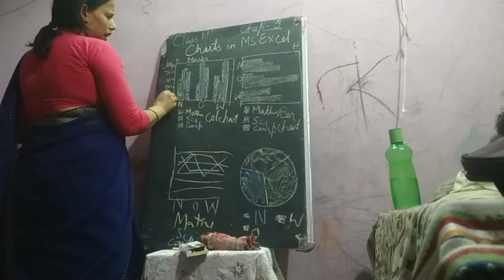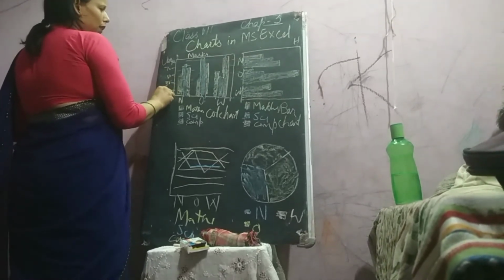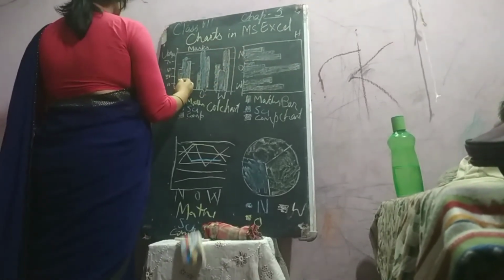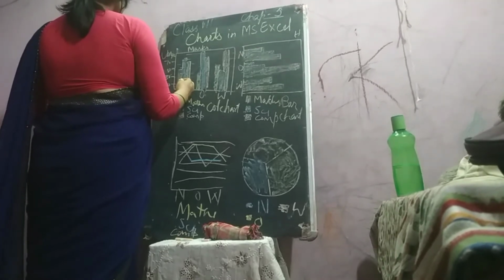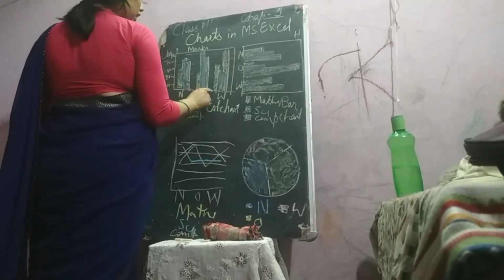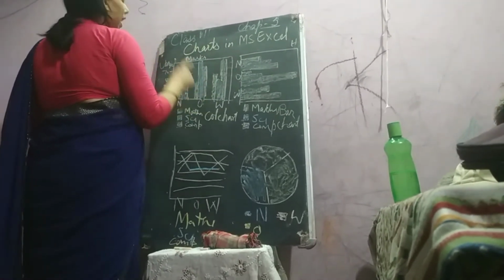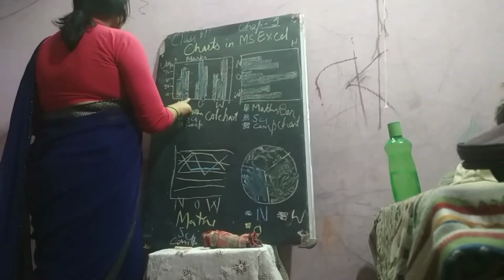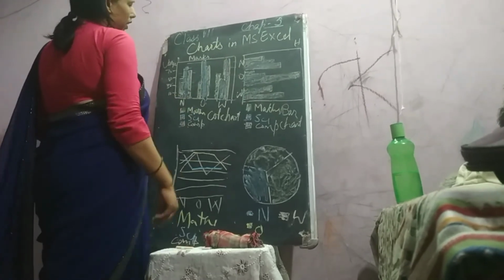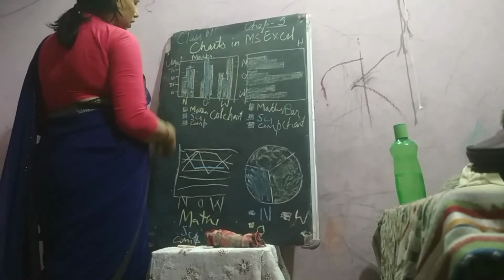Whereas in the column chart, it is just opposite. Categories are organized horizontally and values are vertical. So this is the difference between these two.